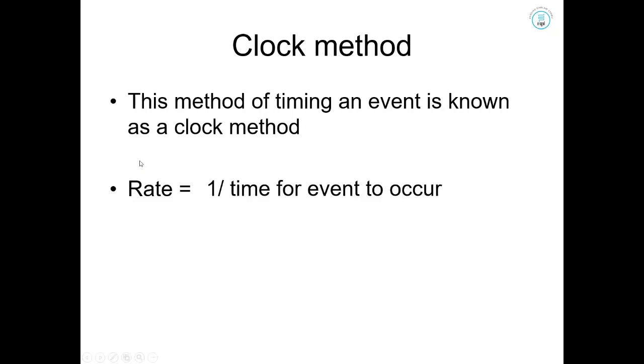So what we do is we do 1/time. So if your event is small, doesn't take long to occur, you'll get a bigger rate or higher rate than if your time takes a long time to occur, because you're dividing by a bigger value. And our unit, hopefully you know what your unit is. Your unit would be s^-1. So this is what we call a clock method.